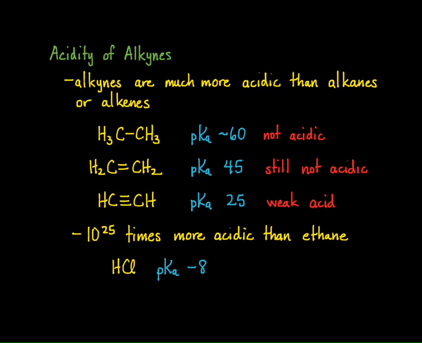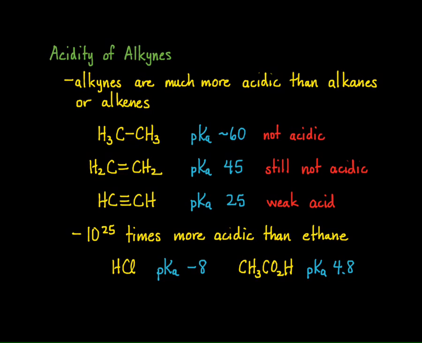One of the strongest organic acids is acetic acid. Carboxylic acids tend to be the most acidic compounds, although there are other compounds that are even more acidic. To put things in perspective, the pKa of acetic acid is about 5, 4.8.